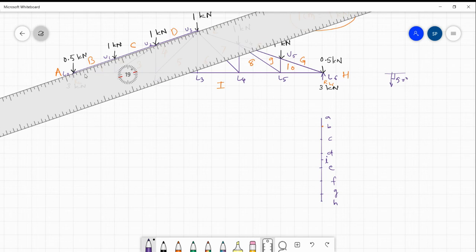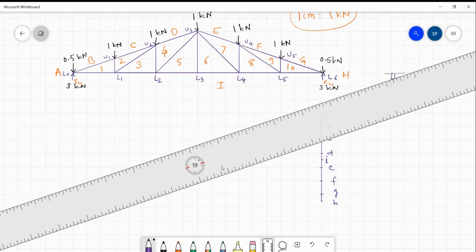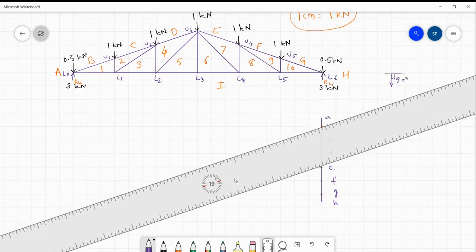So for marking this force, the Bow's notations for L0 U1 are B and 1. Out of B and 1, B is already marked. So I can draw a line parallel to this B1 or L0 U1 starting from B. I don't know the second point because I don't know the magnitude.